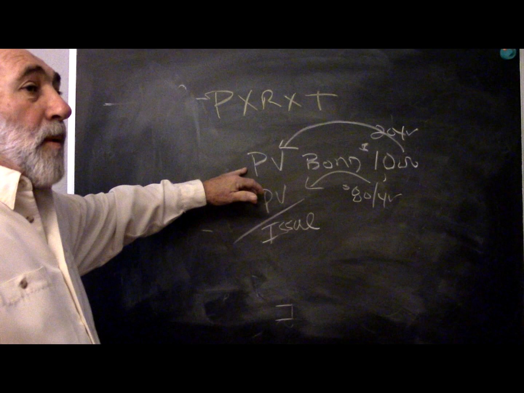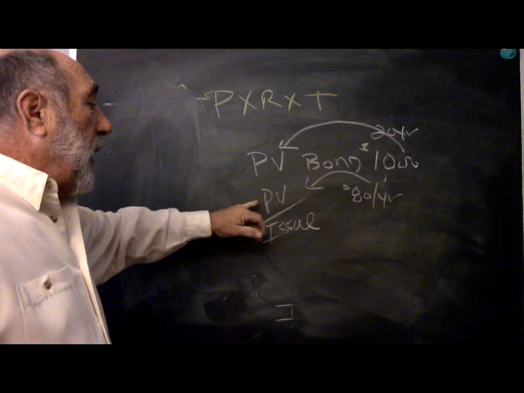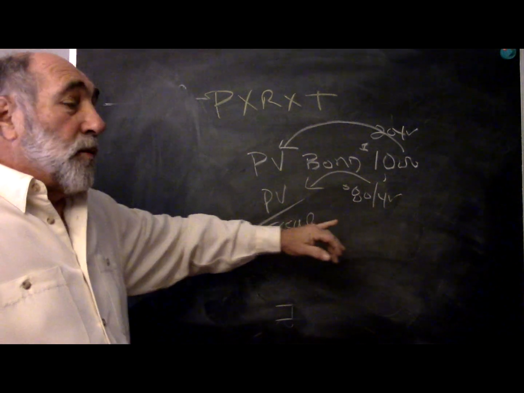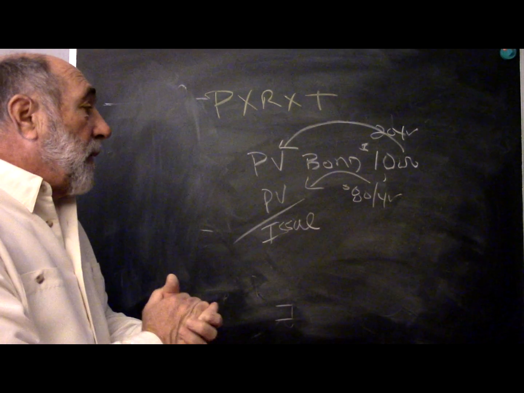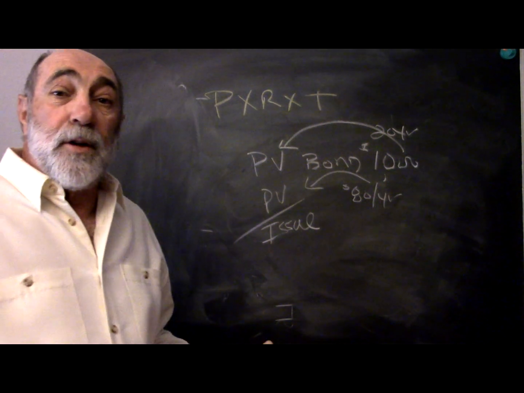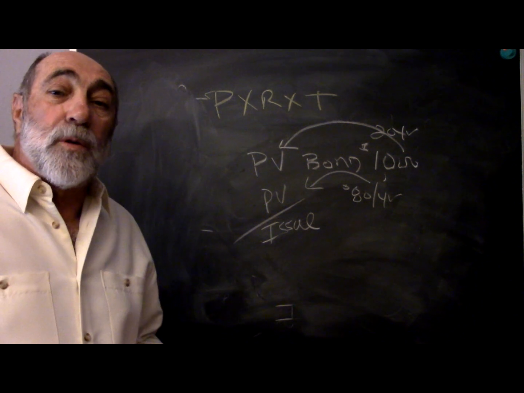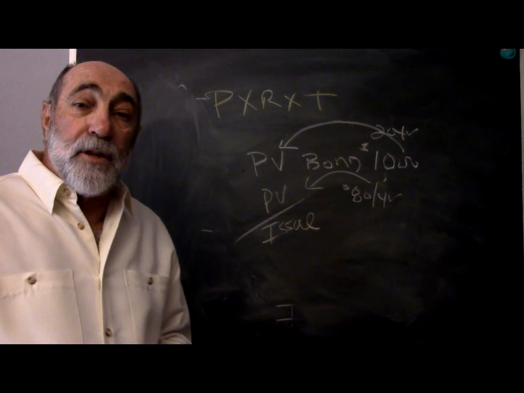Present value of that bond being paid to me in 20 years from now, and present value of the $80 annuity, $80 a year. What rate am I going to use? I'm going to use the market rate of interest. I said when interest rates go up or down, we're talking about the market dictating how much interest they want.